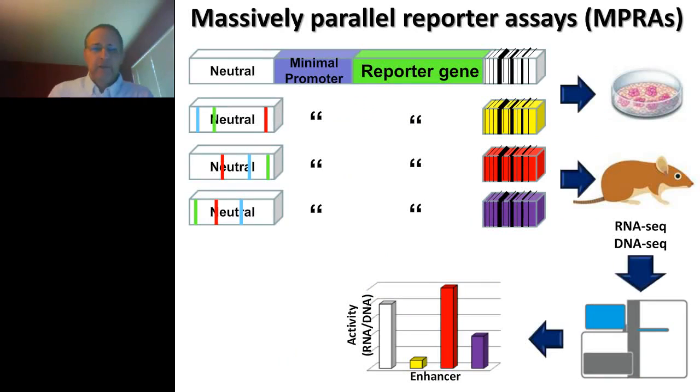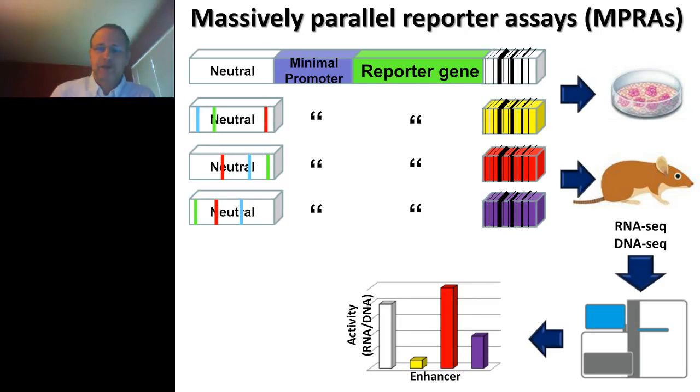So what I've shown you is taking one enhancer and basically doing tons of different mutations on it. Another option, if we don't know a certain language, is to start building a language from scratch and seeing what works, what doesn't. So, for example, taking a synthetic sequence and starting to throw different transcription factor binding sites on it.